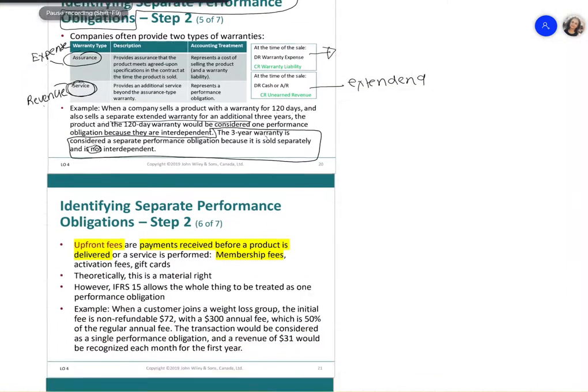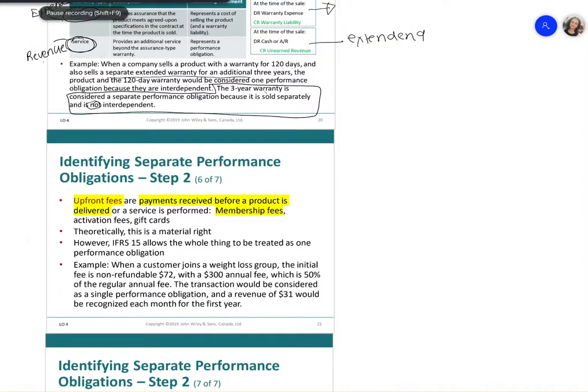Going forward with upfront fees, how do we recognize the revenue when it is given to us as an upfront fee? What is an upfront fee? Upfront fees are payments received before a product is delivered or a service is performed, like a membership fee to the gym.